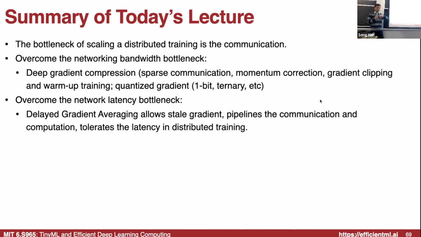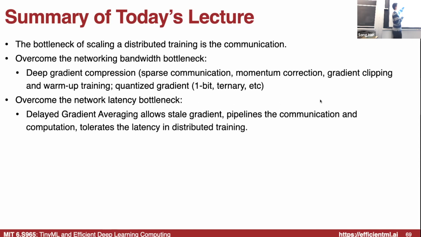All right, so here's a summary for today's lecture. We talked about 2 bottlenecks for distributed training. One is the bandwidth bottleneck, and the other is the latency bottleneck. For the bandwidth bottleneck, we can compress the gradients using 2 methods. One is pruning, the other is quantization.